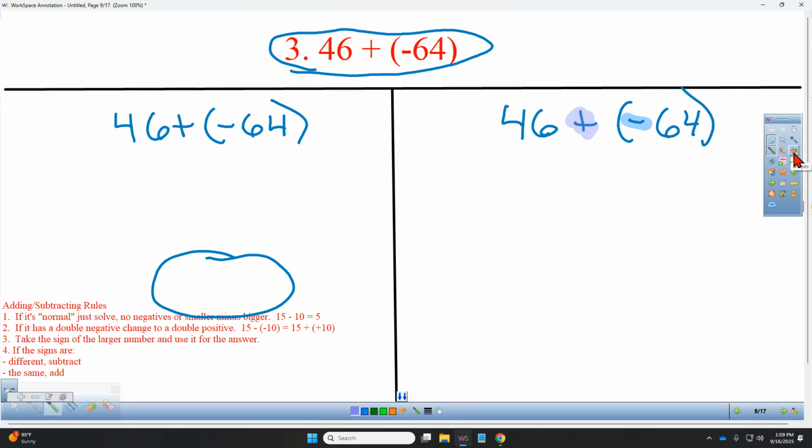Alrighty, continuing along. Step 3, what do we have more of? We've got 46 positives. If you don't see something here, that makes it a positive. You can think of that as an imaginary positive sign in front of it, if that helps. And 64 negatives, so that tells us our answer is going to be a negative. So we'll put that in.